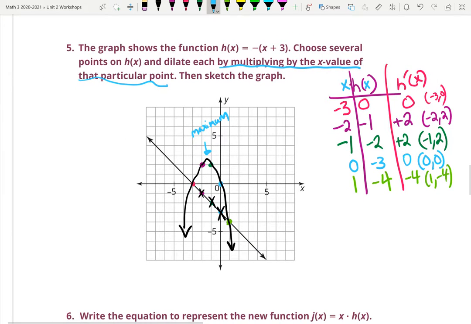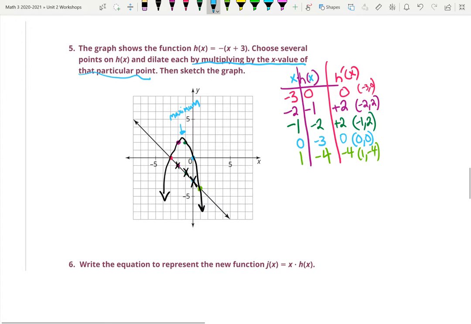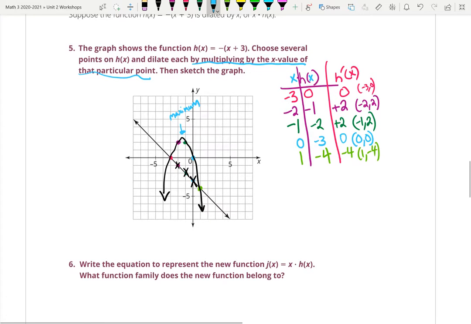So we need to write our new function. We're going to call it j of x. What is x times h of x? j of x is going to be equal to x times -x minus 3. Now you might be wondering where I got that from.